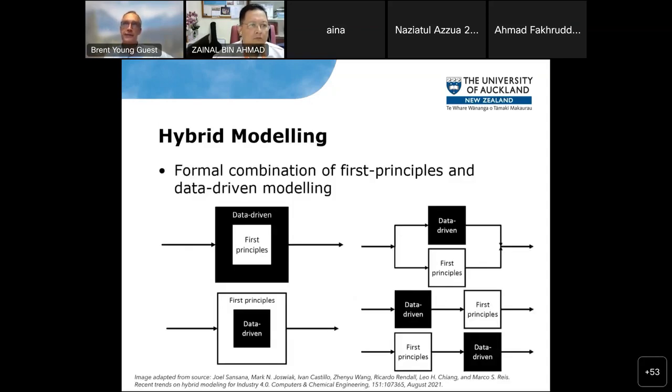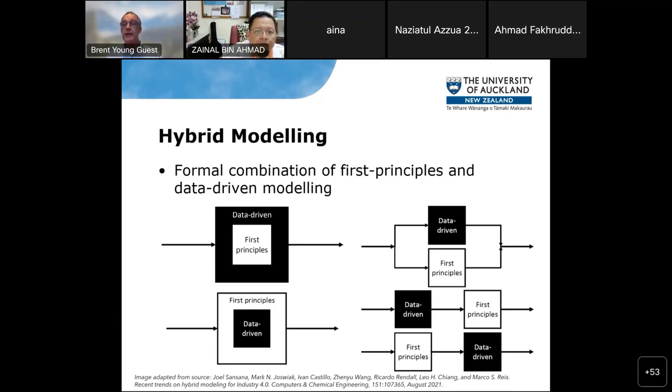Just as a definition of what I mean by hybrid models, it's a formal combination of mechanistic models with data-driven type models. Your mechanistic model might be an equation, a fundamental physical representation of the physics, whereas the data-driven model might be something like a gain model or an artificial neural network, and fusing them together gives you a hybrid model.